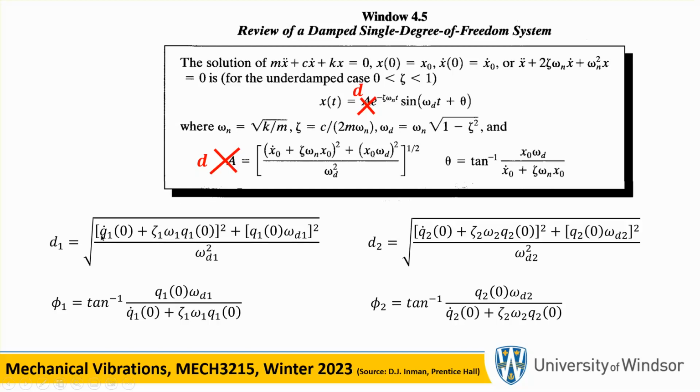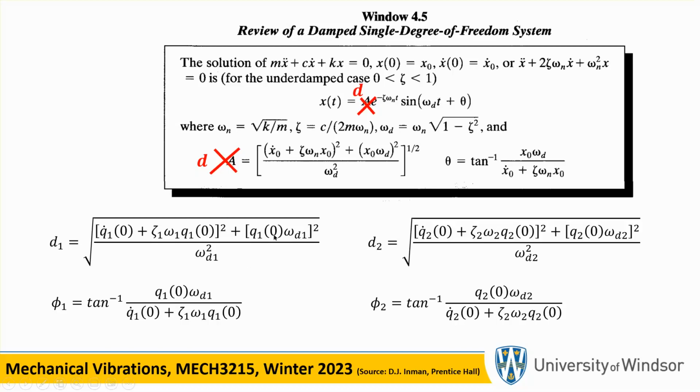So if you look down here, you have to write d and theta twice, once for the first equation. That's why for the first equation, I have q1 dot instead of x naught dot, and instead of x1, I have q1 at 0.